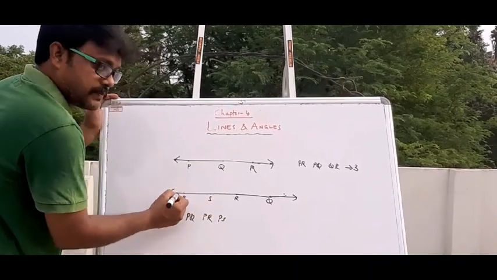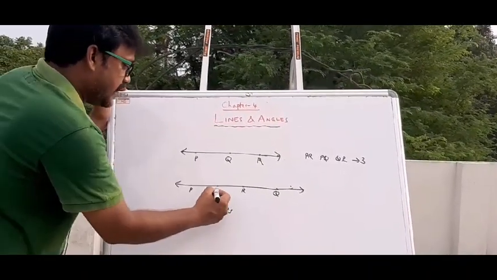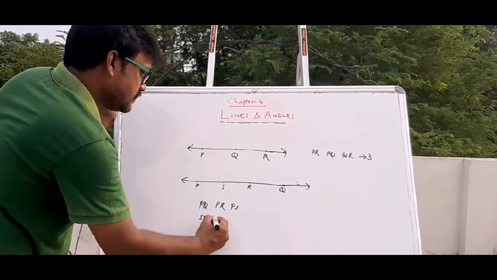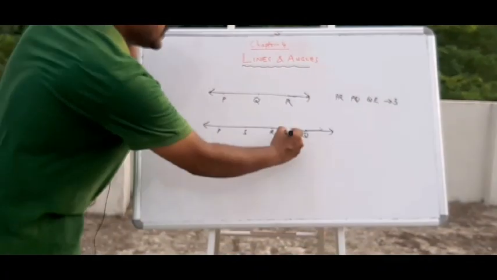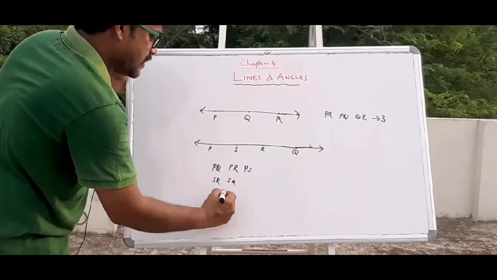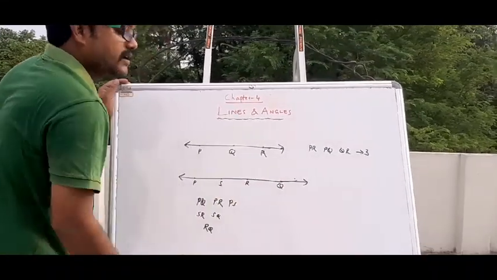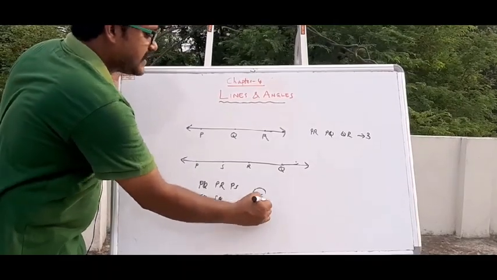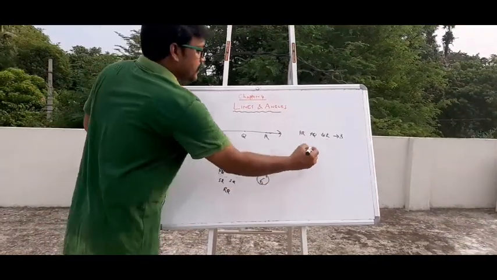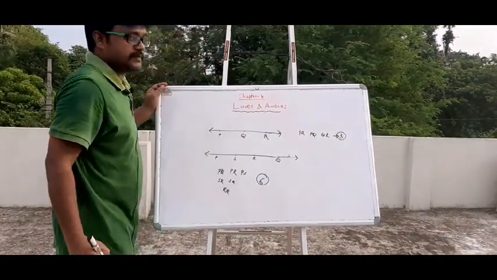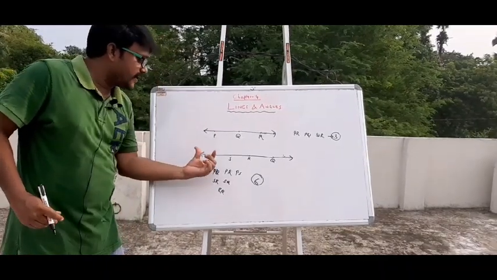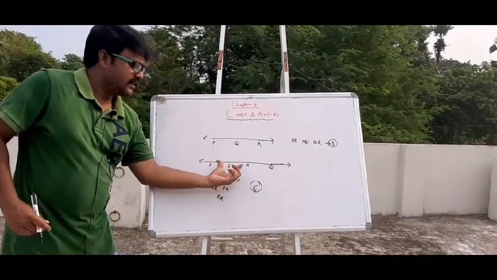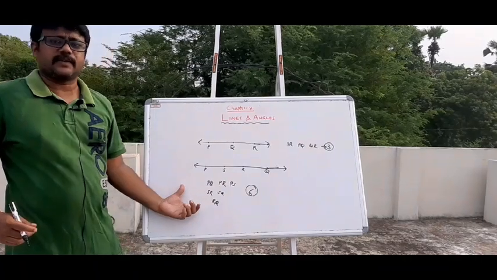So I start with P and I found 3 line segments, and let me start with SR, SQ, and let me start with R, and I can observe that RQ is the line segment. So how many are there? 1, 2, 3, 4, 5, 6. Total 6 line segments obtained. Here 3 line segments obtained. So if I give 5 points on it, how many line segments can be obtained?